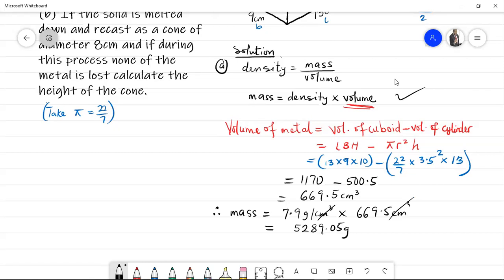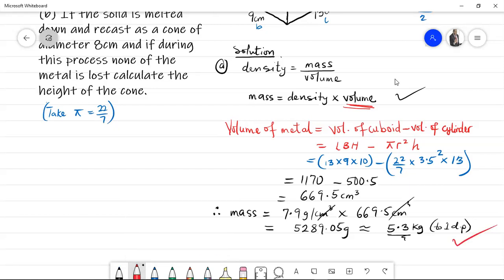If you want to leave it in kilogram, you can tell us that this is approximately 5.3 kilograms. After dividing by 1,000, remember guys, 5.3 kilograms, and that answer has been given to 1 decimal place, and that's okay. So that is your answer for the mass of the metal, and that is correct.